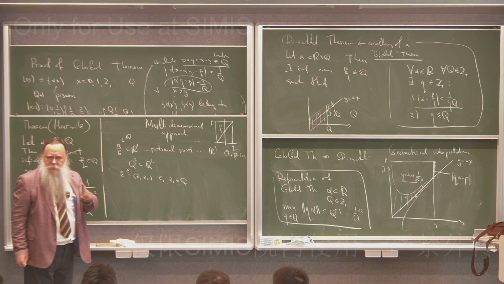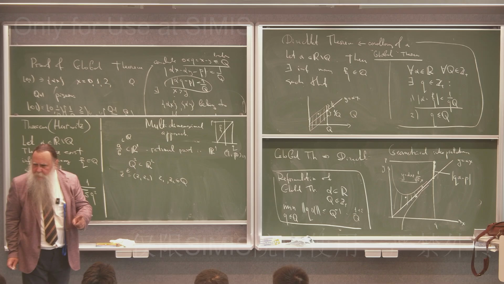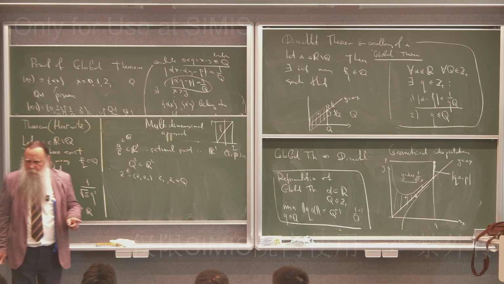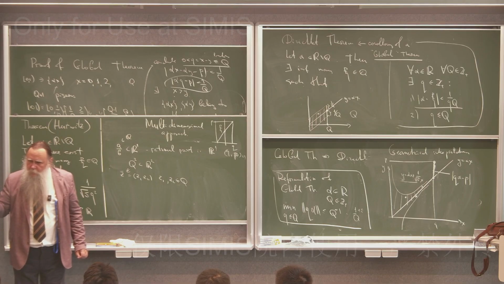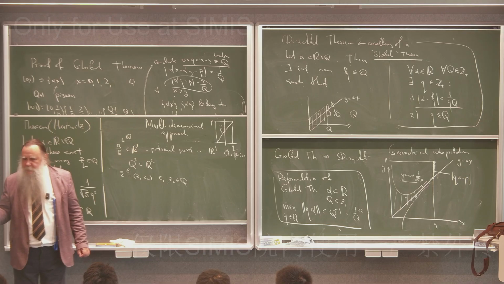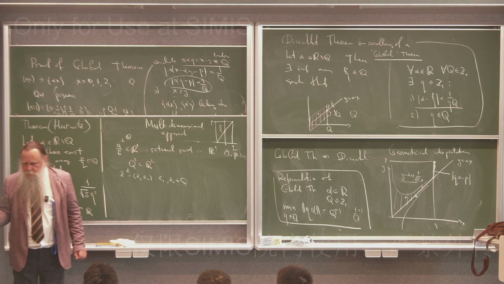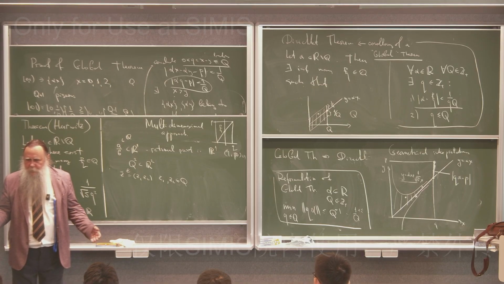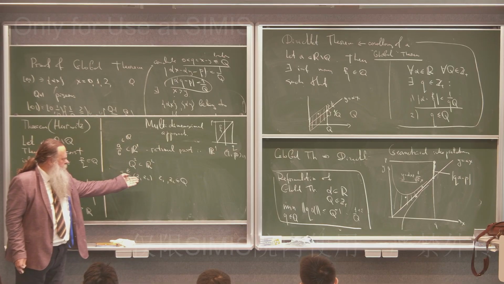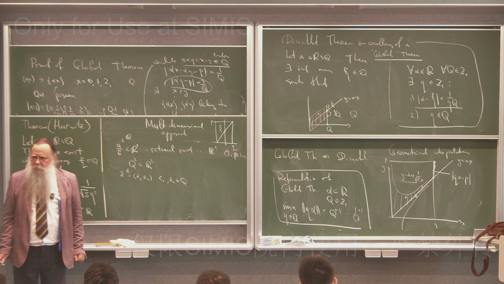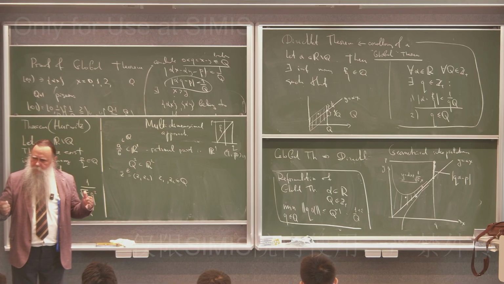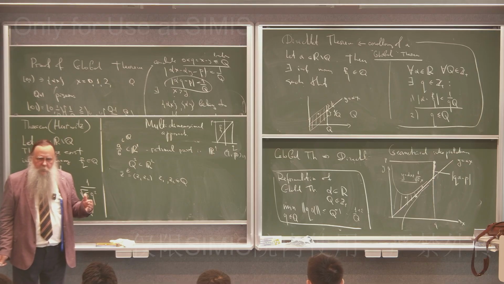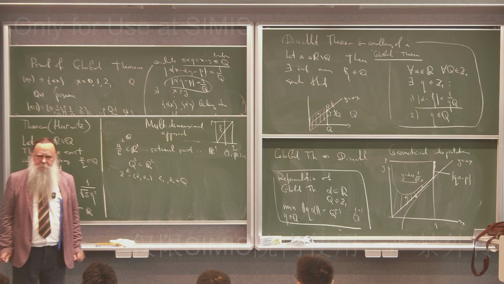A rational number canonically is numerator over denominator, two coprime numbers, with the denominator a positive integer. What is the canonical representation of a pair of rational numbers, a rational point in Q2? How can we represent it as a fraction?